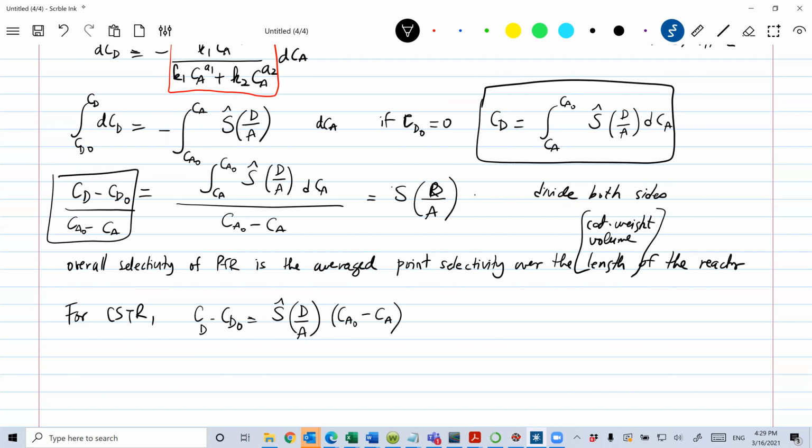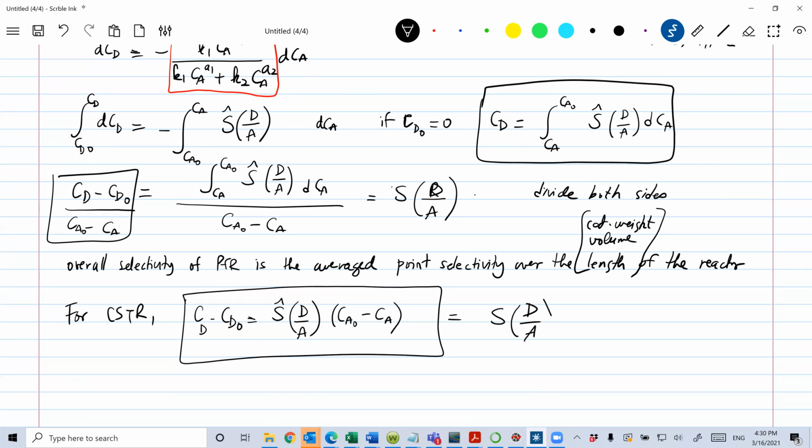So this is that for CSTR, and this is that for PFR. And of course, that's equal to S D over A, because instantaneous is equal to overall for a CSTR, before I forget.